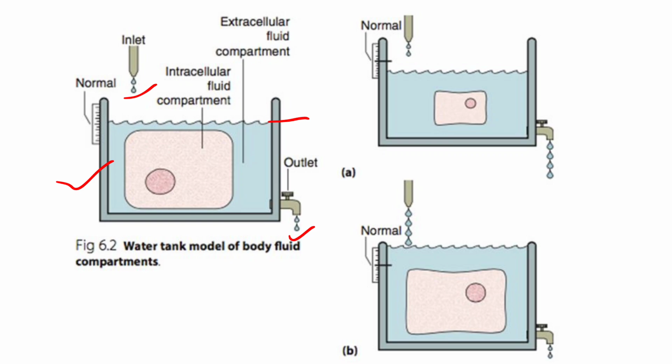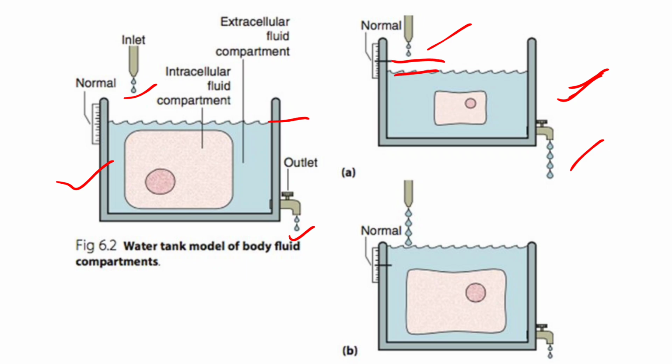If you come to this diagram, you can see the water intake is normal but water output is more. Excessive water loss from the body can happen because of diarrhea, vomiting, etc. In such conditions, the water content decreases. This is a state of dehydration. If you just see, the water level has declined.